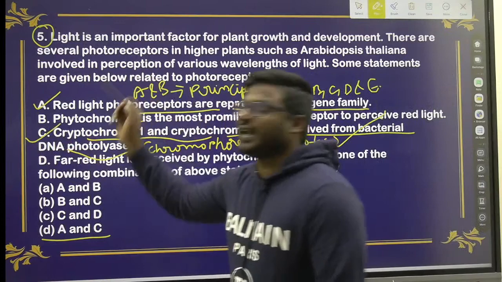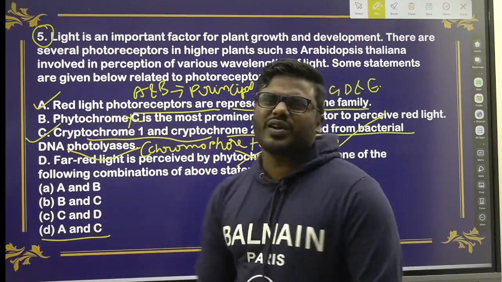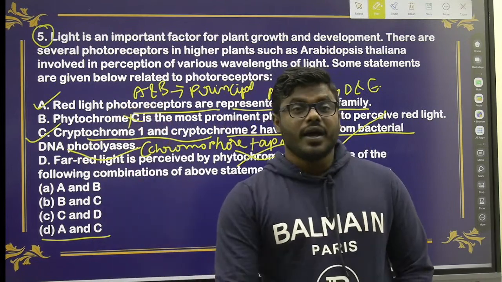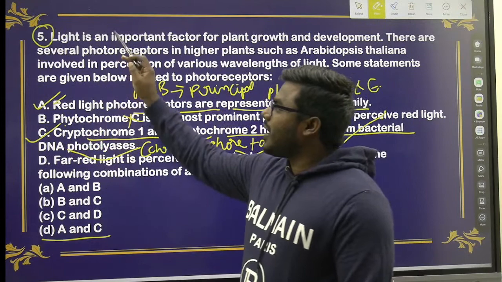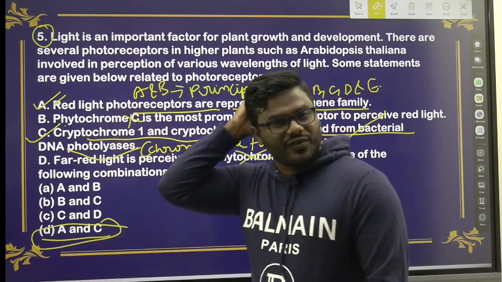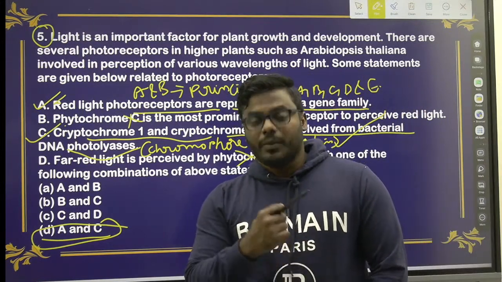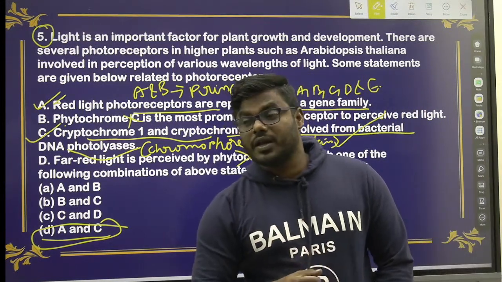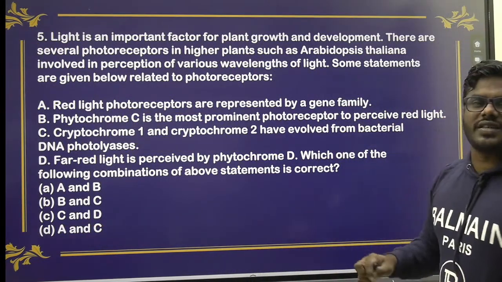Option C is also right. Option D, far red light is perceived by phytochrome D. Not at all. Phytochrome A and B. Hence the correct statements are option A and option C. Hence the answer for question number 5 is option D, which is a straightforward question. Plant physiology mostly gets very direct questions, but a few questions are experiment based. Very good. Get ready for question number 6.